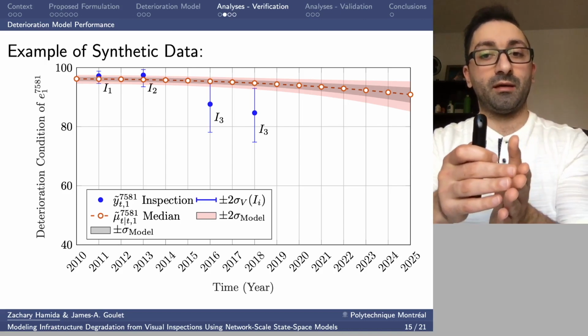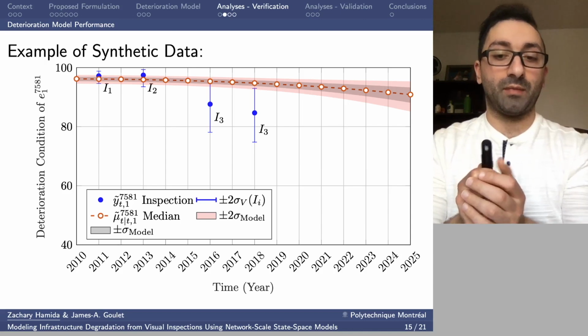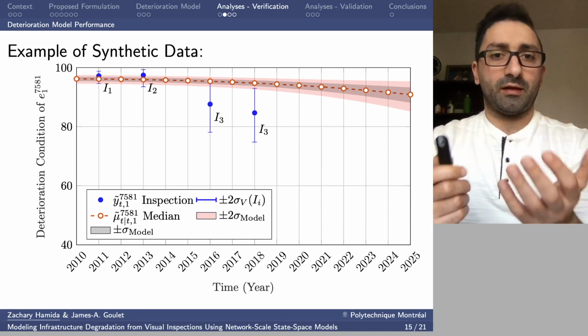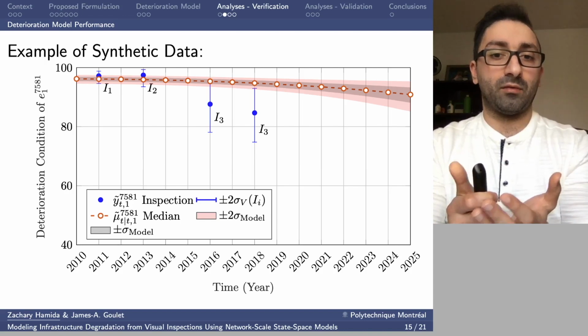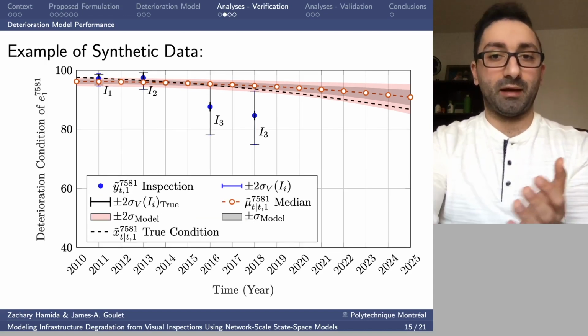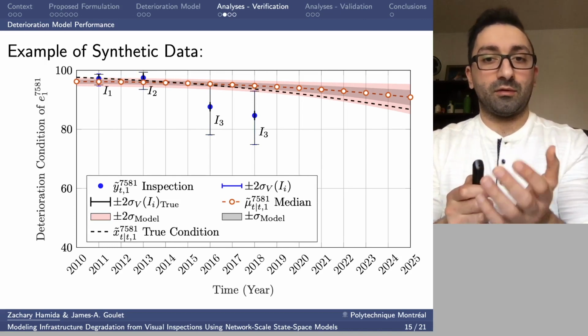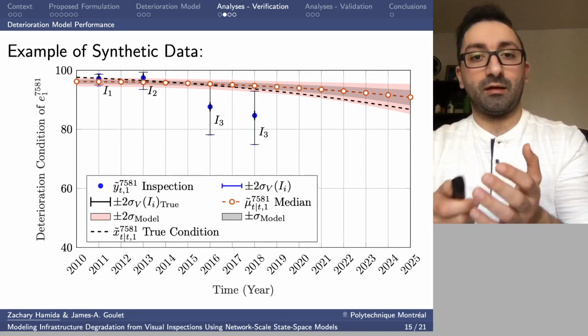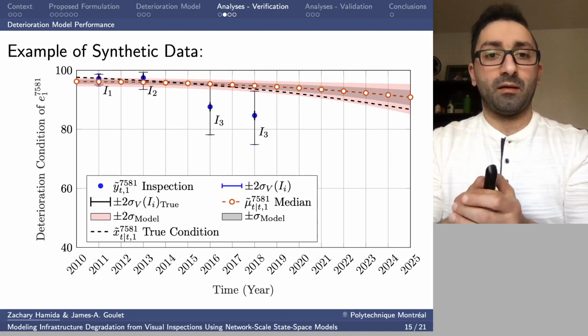The red areas around it represent 1 and 2 standard deviations. Now, since this is synthetic data, we have access to the true deterioration state, which is represented by the black dashed line. And you would notice that the true deterioration state is within the confidence interval of our model.